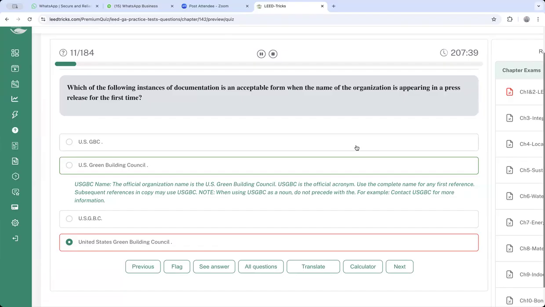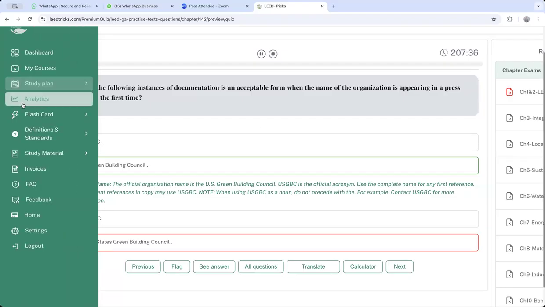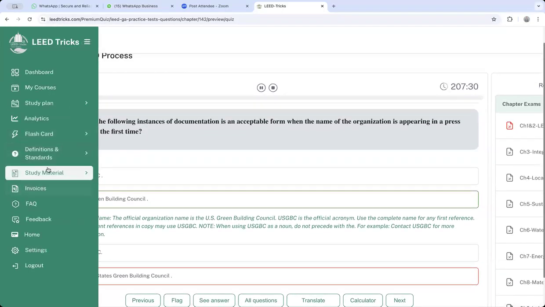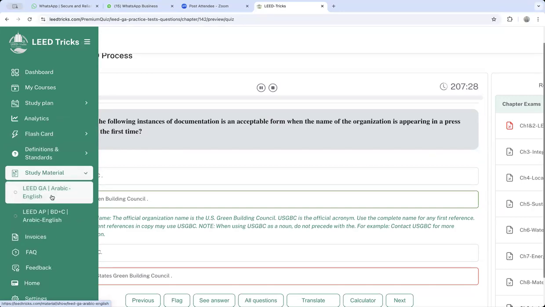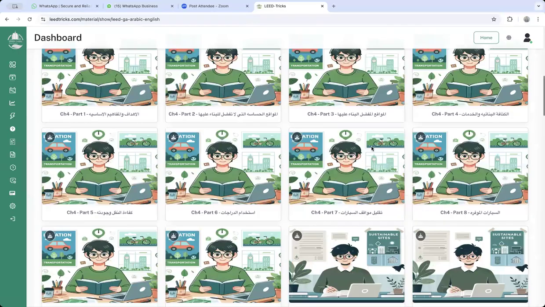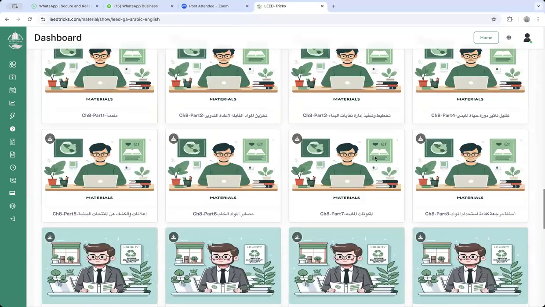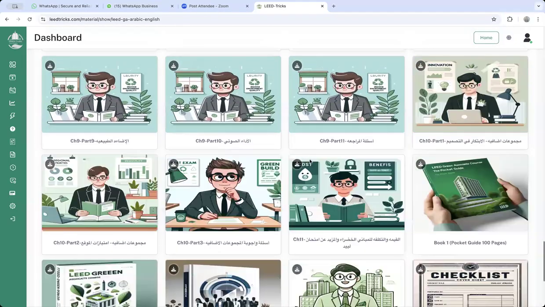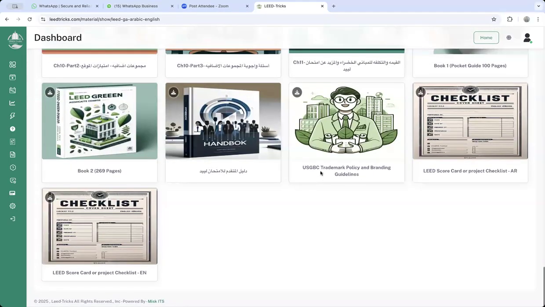It's one document you can download from the documentation here, I think in the website. Since we finished the questions, you go to study materials here, LEED GA. This is by chapter name, but inside this in English, don't worry. You'll find at the end, it's USGBC trademark and policy. 20 pages, you can download it.